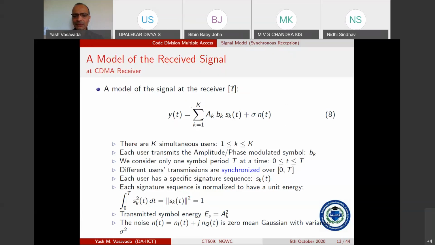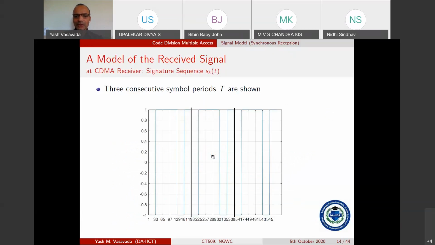In this very first drawing, I'm plotting this S of kt, and this is for some one user, maybe k equal to 1. And these are the 3 symbol periods. So S of kt looks like this in this case.